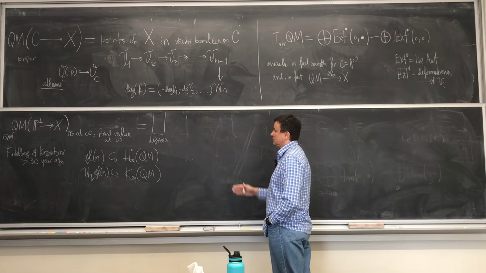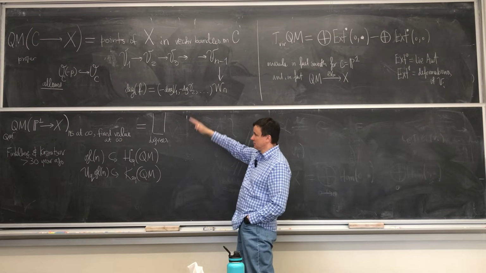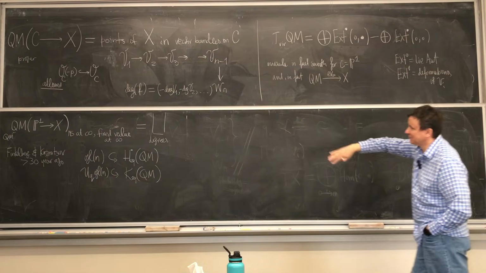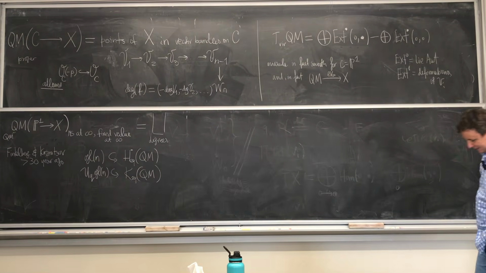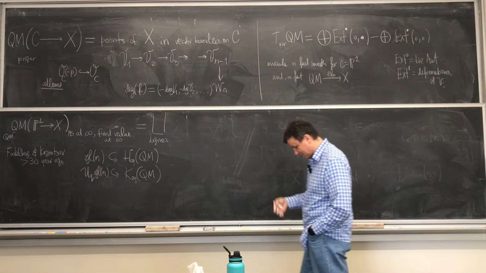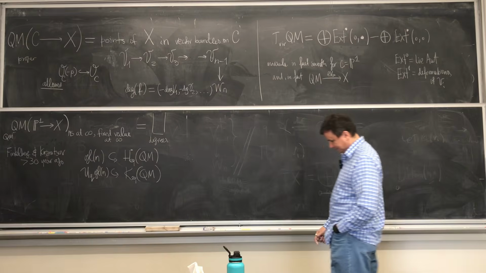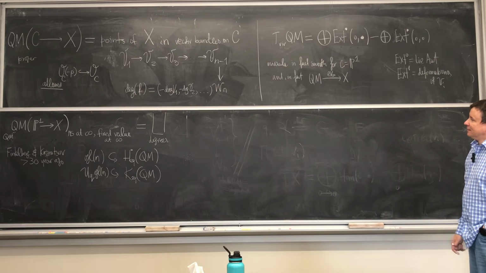And like I said, this of course is now an extremely special case of the fact that if I study the Coulomb branch, then it acts on Quasimaps to like half of it.